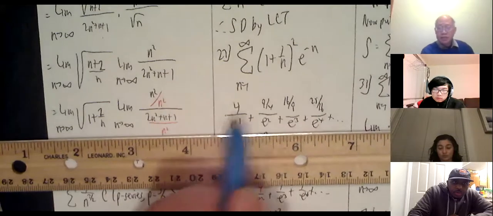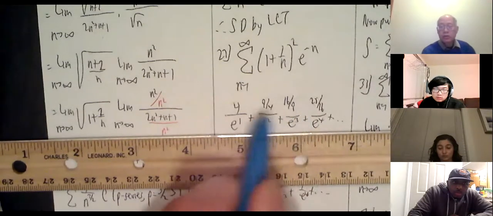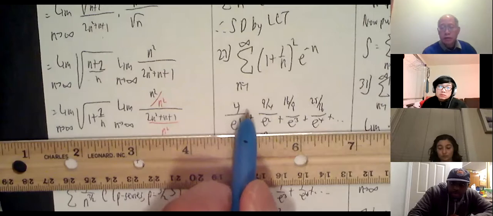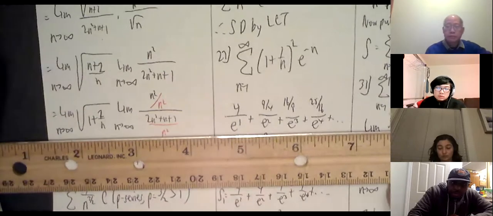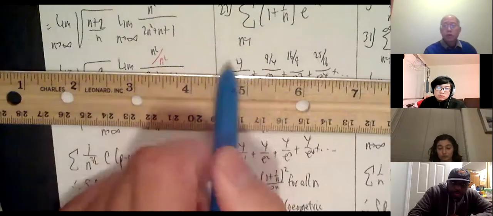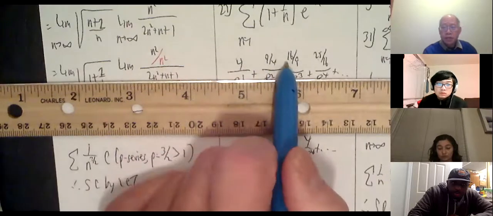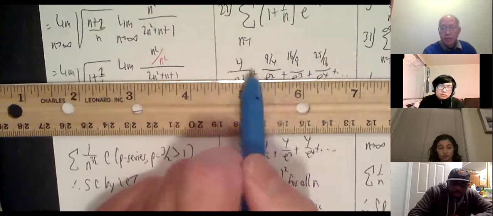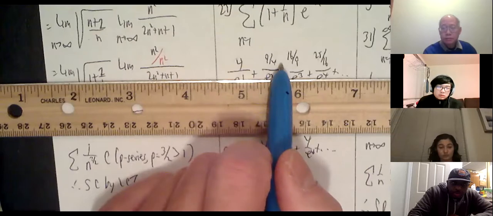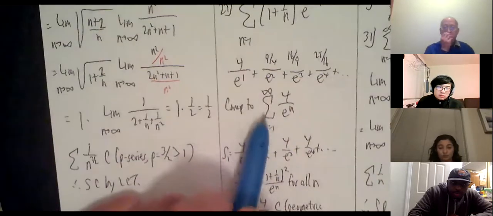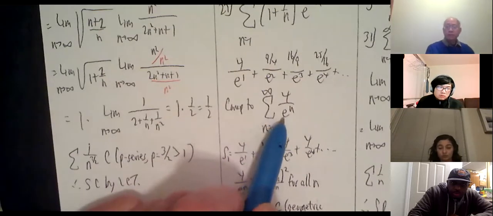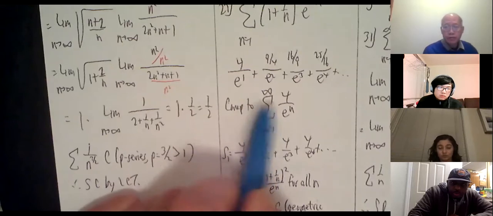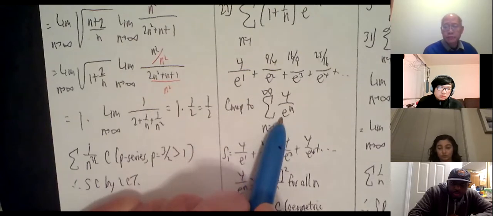So I want to change this mess in the numerator to a series which is bigger, but I know it converges. So 4, 9 fourths, 16 ninths, 25 sixteenths, they're getting smaller, right? So my comparison series is the summation from n equals 1 to infinity of 4 over e to the n.